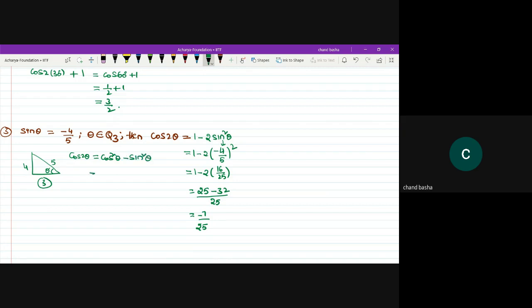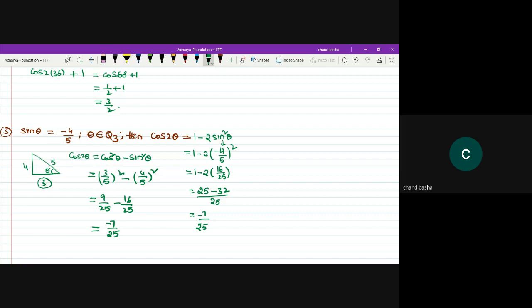This is cos theta, 3 divided by 5 whole square, minus sin theta, 4 divided by 5 whole square. That is 9 divided by 25 minus 16 divided by 25. We get the same answer: 9 minus 16, minus 7 divided by 25.